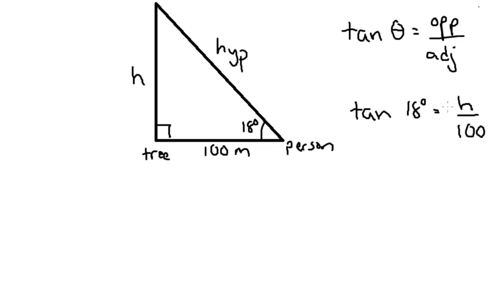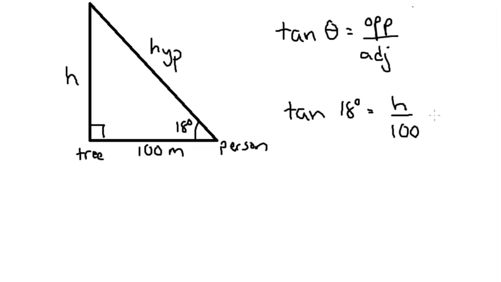So now what we want to do is to solve for h. Solve for h means we need to multiply both sides by 100. So that would be, let me move this over just a bit, times 100 times 100. This cancels out here, and it gives me h is equal to 100 times tan 18 degrees.